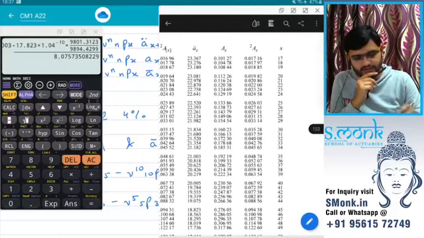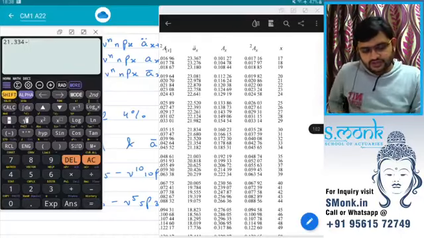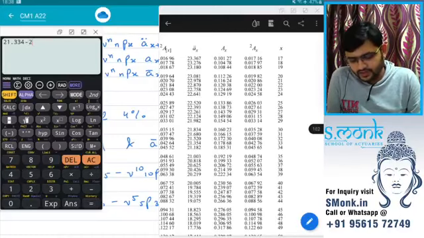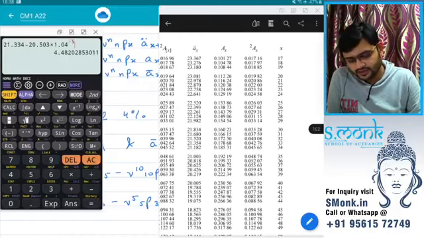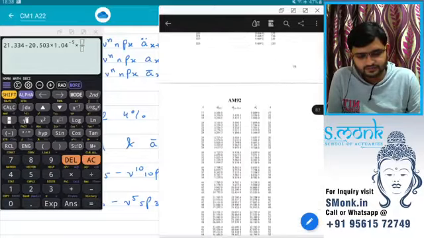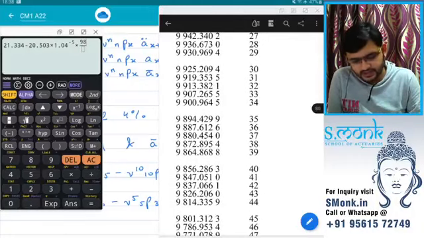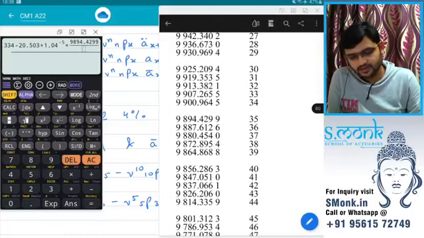A due 30 is 21.334. Subtracting 0.5 from it, minus I would need A due 35, which is 21.003, so 20.503, multiplied by 1.04 raised to minus 5, multiplied by, let's go to l. l 35 is 9894.4299 and l 30 would be 9925.2094.